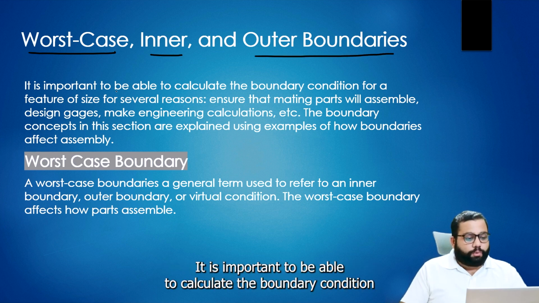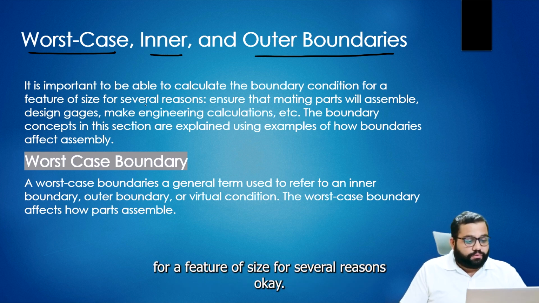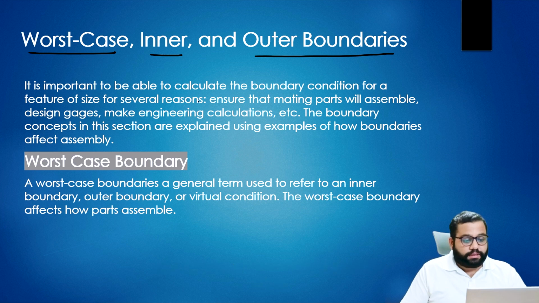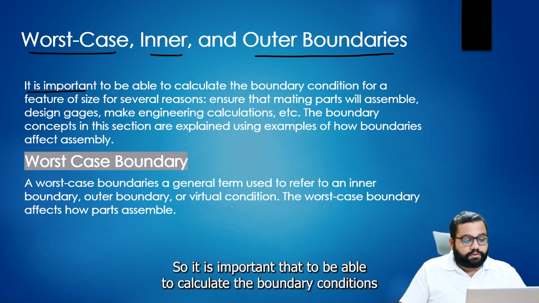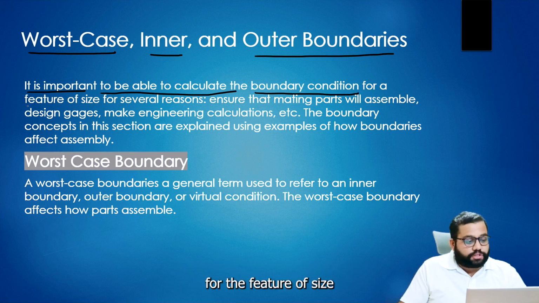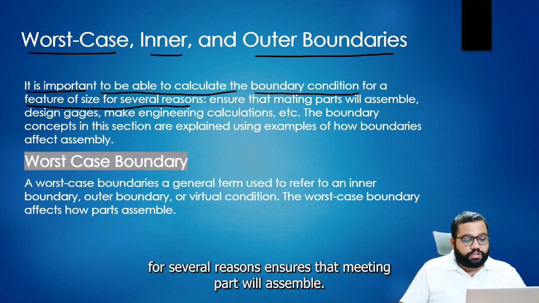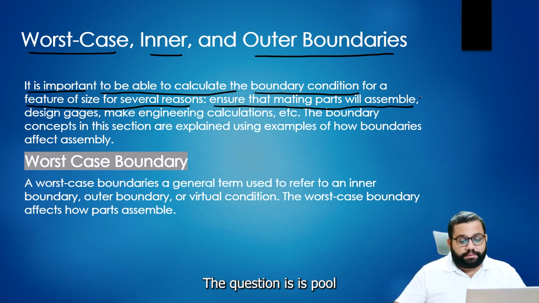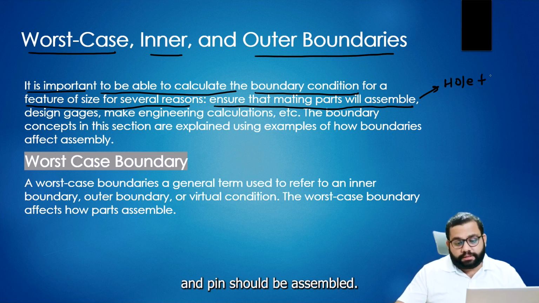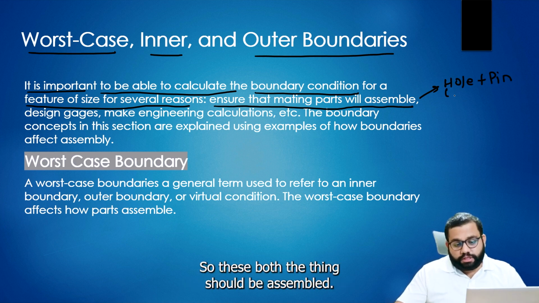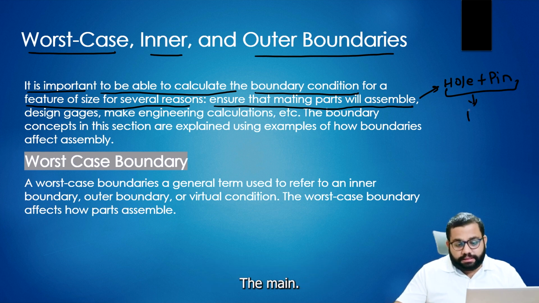It is important to be able to calculate the boundary conditions for a feature of size for several reasons. It ensures that mating parts will assemble. Here, the hole and pin should be assembled.